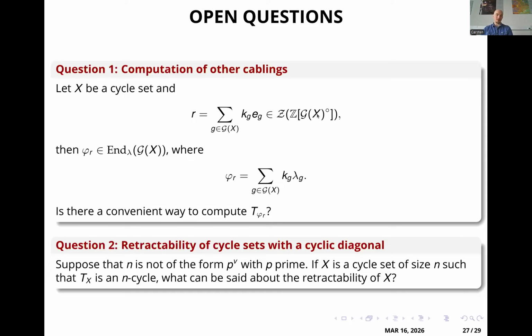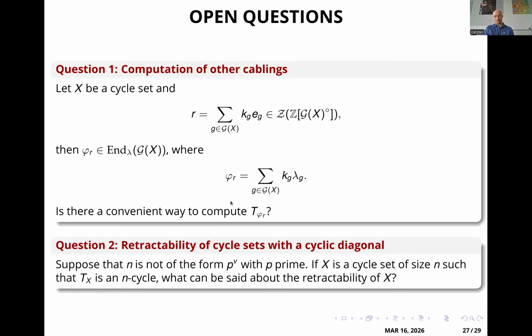So it would be nice to say something about what happens if we take a central element of our group ring of G of X and cable by this. So can we say something about the diagonal and how it behaves, besides that this results in a homomorphism from the center to the symmetric group?